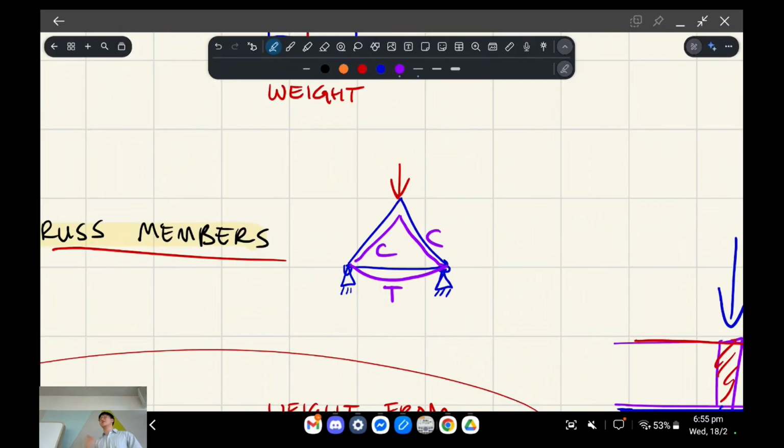So this was actually an assignment question last year, pretty much this exact system. This is member 1, 2, 3, and they told you to design member 3 as a tension member and design member 2 as a compression member. Make sense? They tell you all the details, but that's essentially the idea.